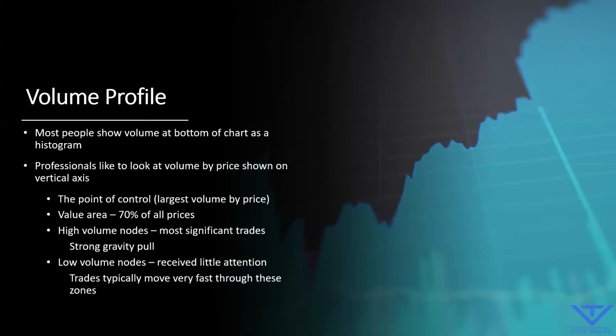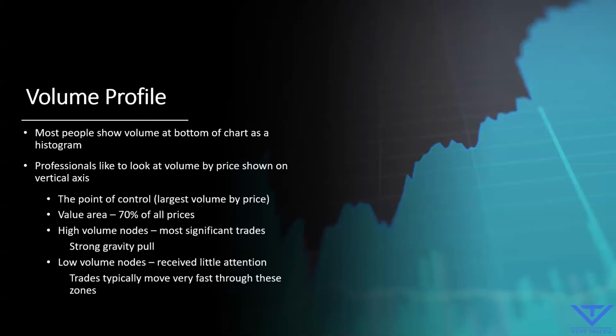Now, I've been using volume profile for at least a couple years now, and it's been great. Most people look at the volume at the bottom of the chart as a histogram. Professionals, on the other hand, look at volume on a vertical axis.